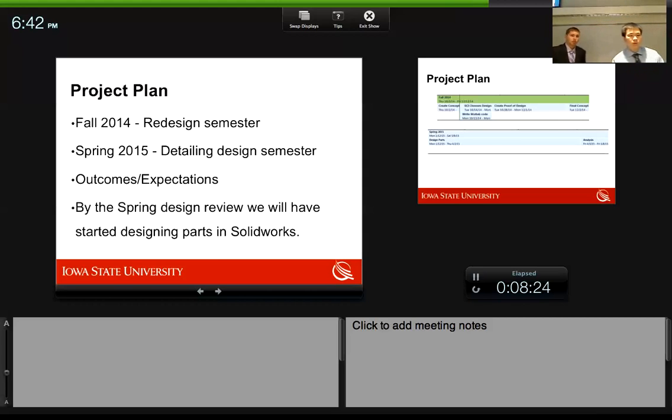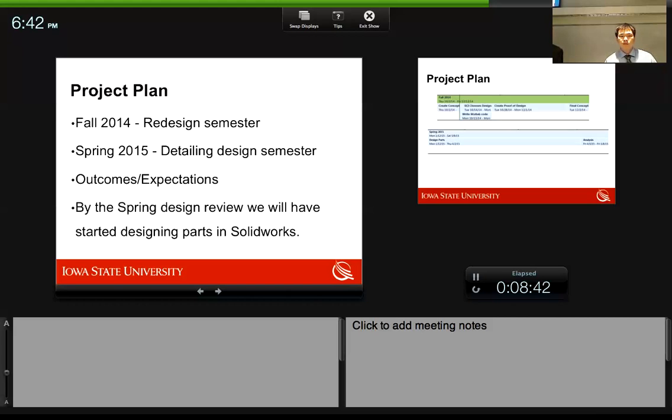So here is our project plan for this project. During this fall semester, we'll focus on the concept design and send that to the Science Center and finalize the MATLAB coding in order to define the design of the can.